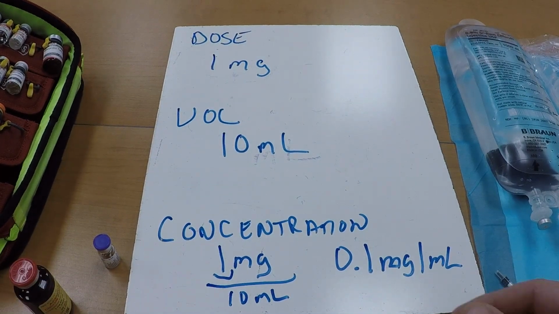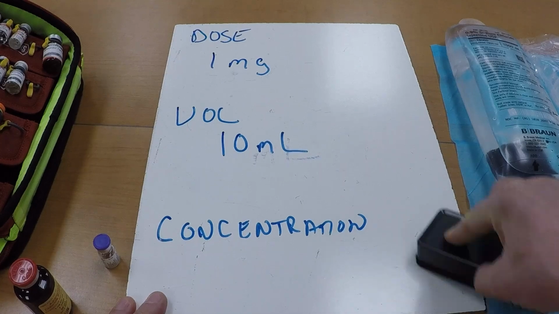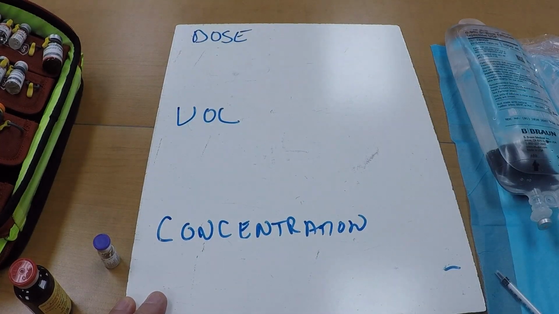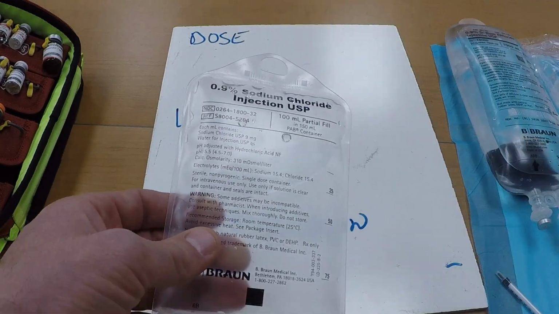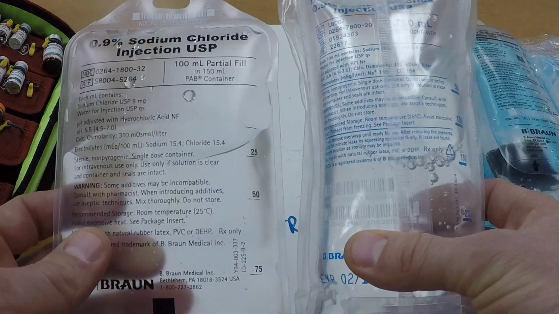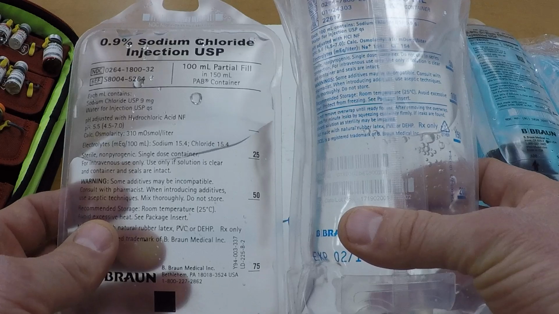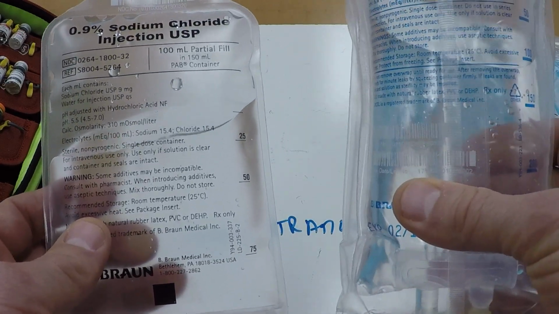Sometimes we are going to administer epinephrine as an infusion. So in that case, we're going to either take a 100 milliliter or 250 milliliter bag of saline, and we're going to mix 1 milligram of epinephrine into it.